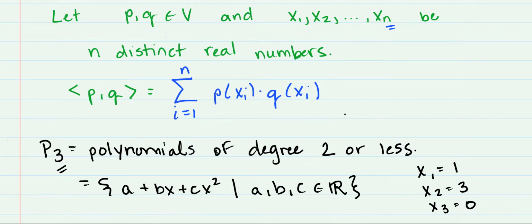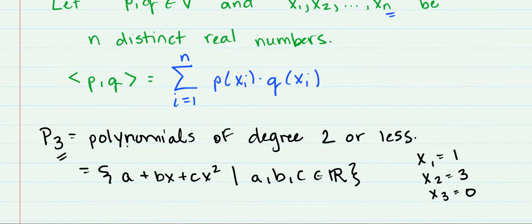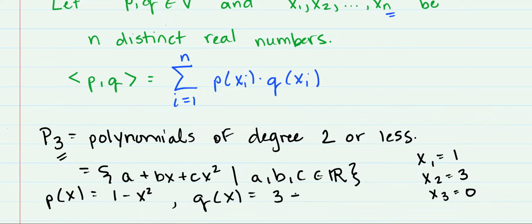Okay, and now we need to pick 2 polynomials. I'm going to say p is 1 minus x squared. That's a polynomial in this space. And let's go with, I don't know, let's say q is 3 plus 2x.